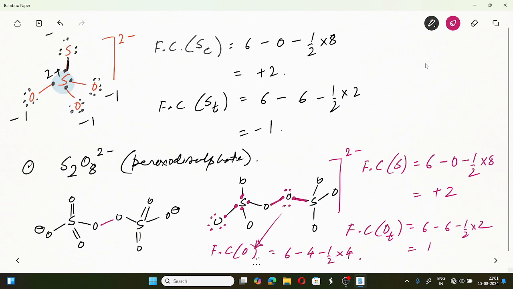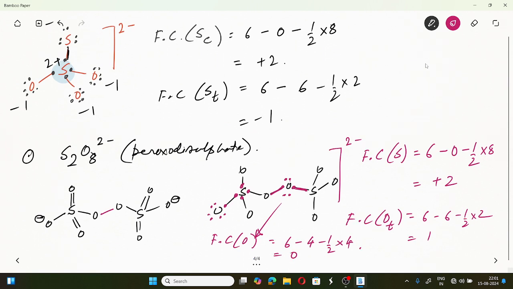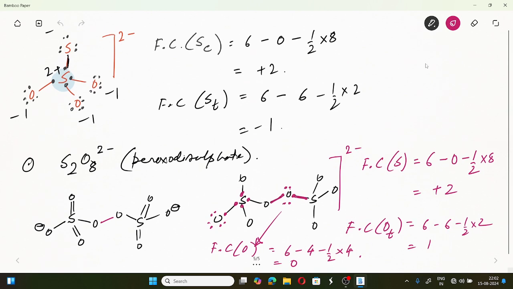So naturally this will be what? 0. There will be no formal charge, the formal charge will be 0. Okay, so this is how we can calculate the formal charge over any species by using this formula. It's very simple.